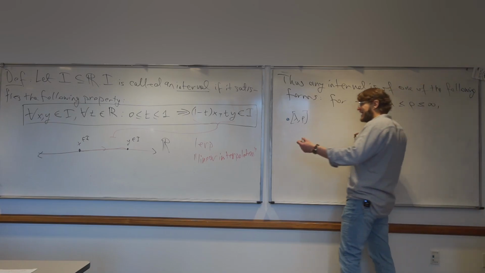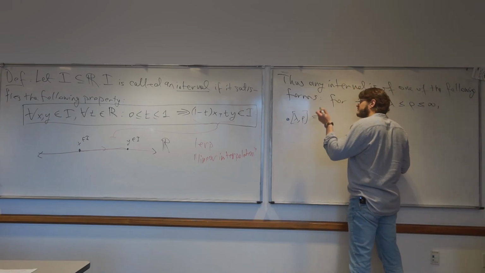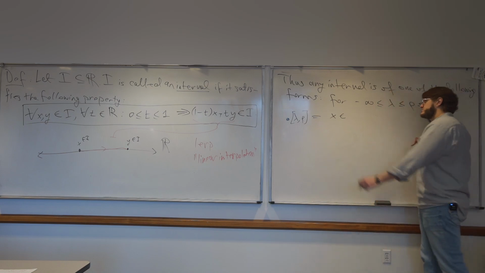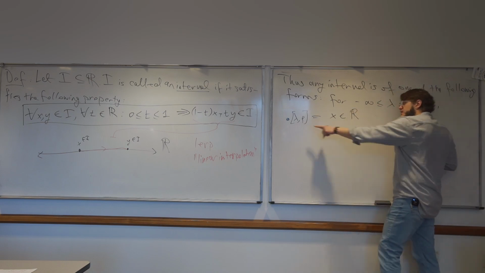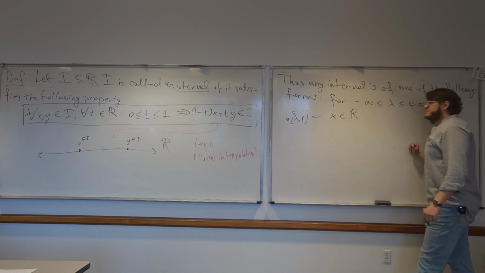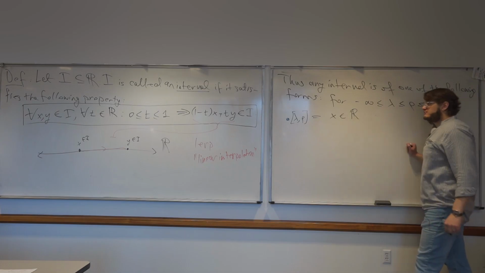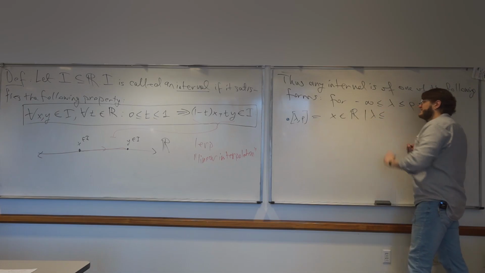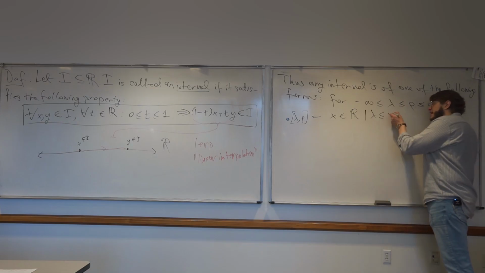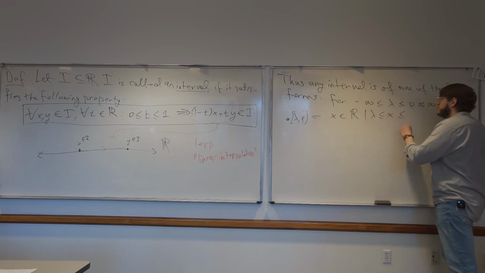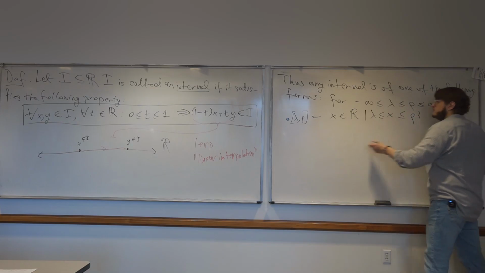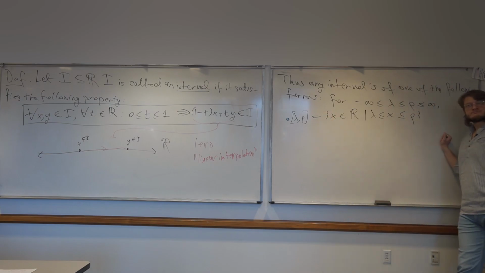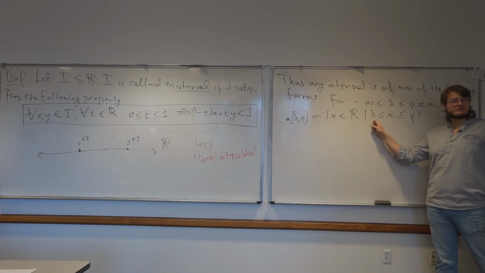And I can, again, describe what it is using the set builder notation. This is the set of all those points in R, all those real numbers, such that lambda is less than or equal to x, and x itself is less than or equal to rho. Meaning the endpoints are included.